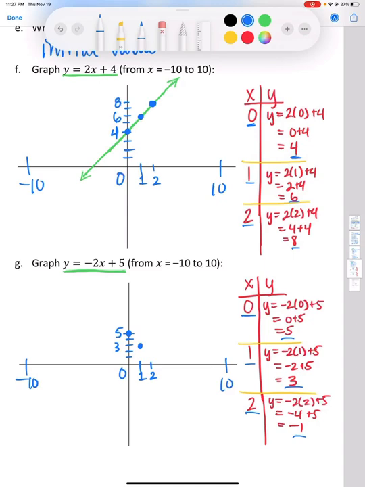If I plotted negative 1, I'd be down here, which isn't in line with my line. So I've got to make sure that my points are good. And negative 4 plus 5 is actually positive 1. So I'm going to plot 2, 1. It's right here. Okay, so that's more in line with our points. So that should be good there.